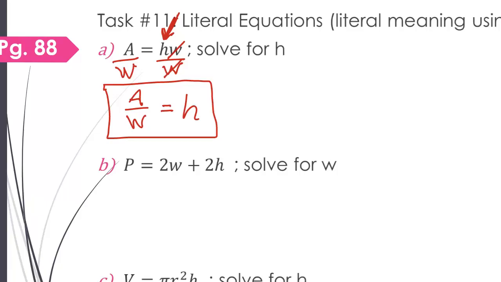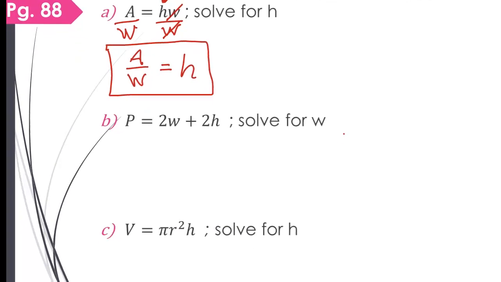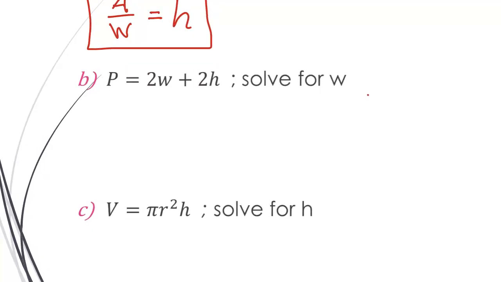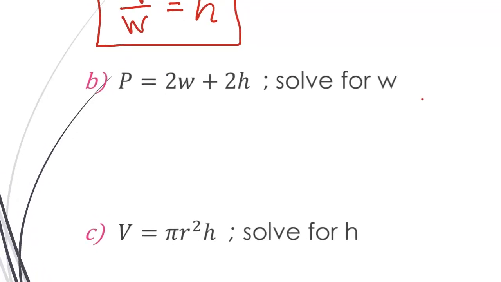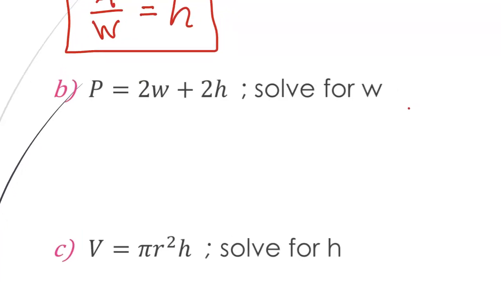Questions on that? All right. Letter B. P equals 2W plus 2H. First of all, what is this a formula of? Do you know? No? Think about it. We'll come back to it.